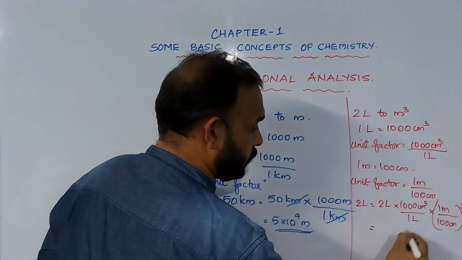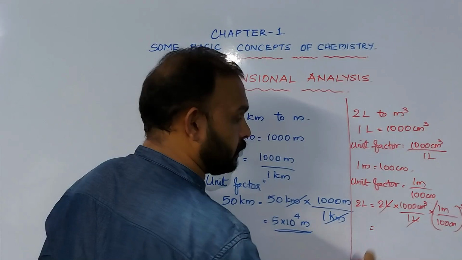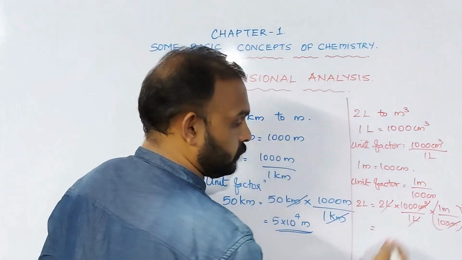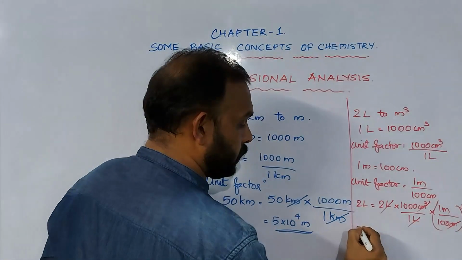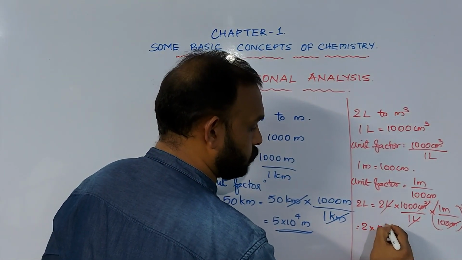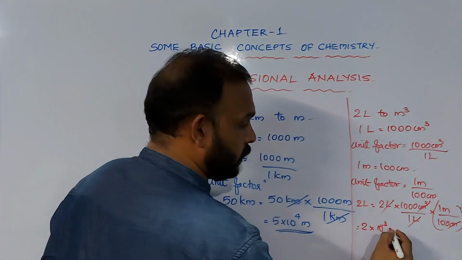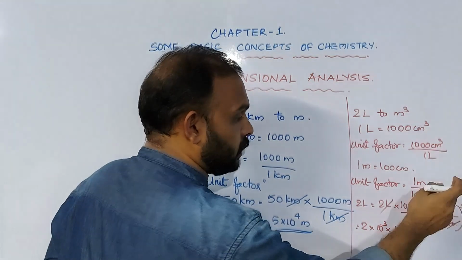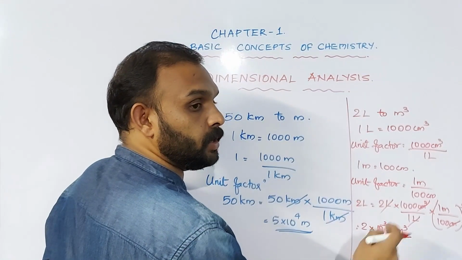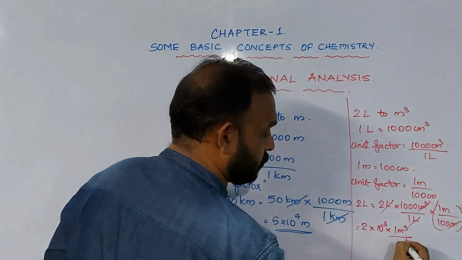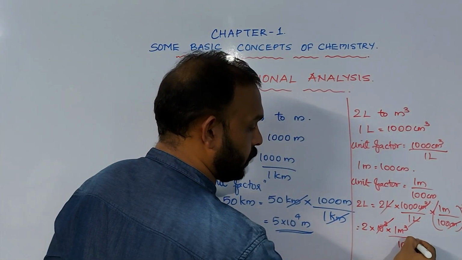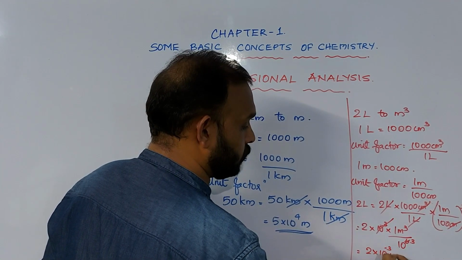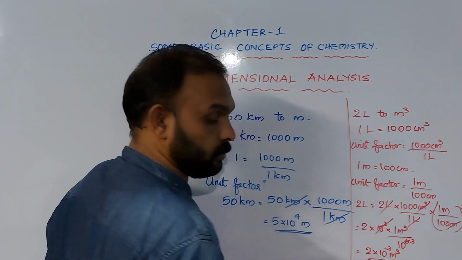After the conversion, liter cancels and centimeter cube cancels, and we can write 2 into 10 to the power 3 into 1 meter cube upon 10 to the power 2 into 3, that is 10 to the power 6. This cancels and we have 3 here. So finally you will get the answer as 2 into 10 to the power minus 3 meter cube.